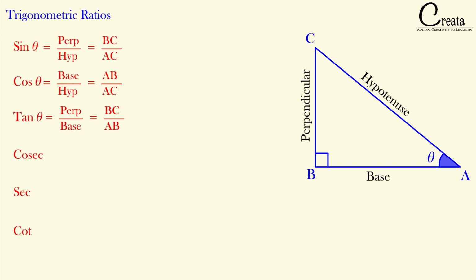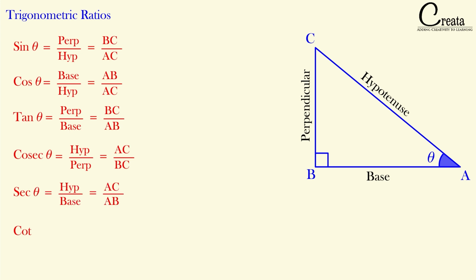No need to remember the complete list of all these 6 trigonometric ratios. Just focus on the first 2 trigonometric ratios. Rest all the 4 trigonometric ratios will come automatically. I will explain how to do so after completing all the 6. Similarly, cosec is the ratio of hypotenuse over perpendicular, that is AC upon BC.